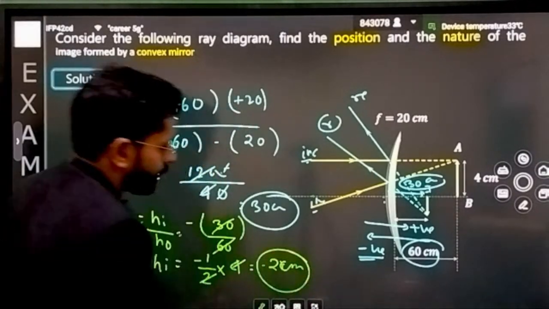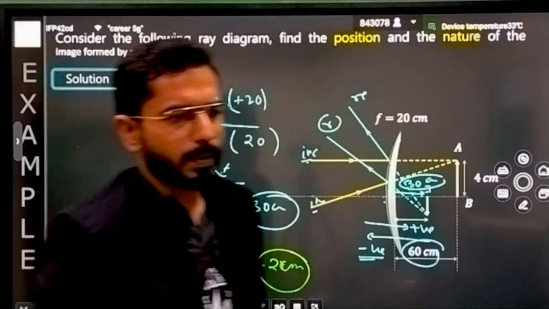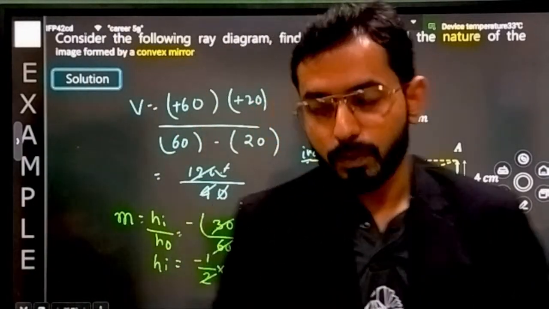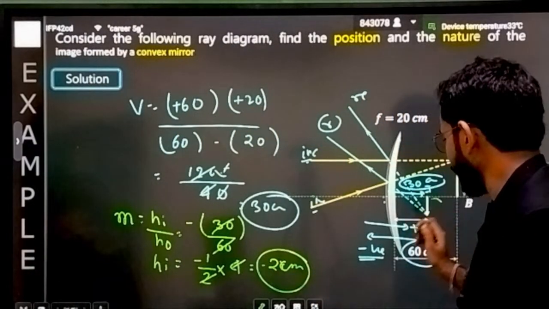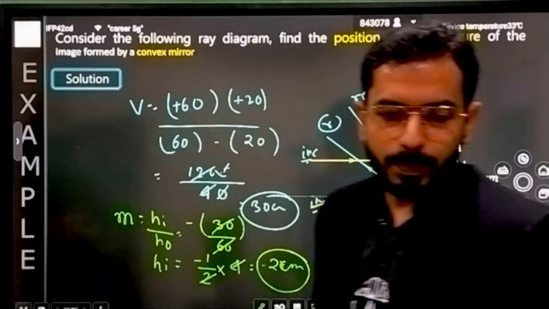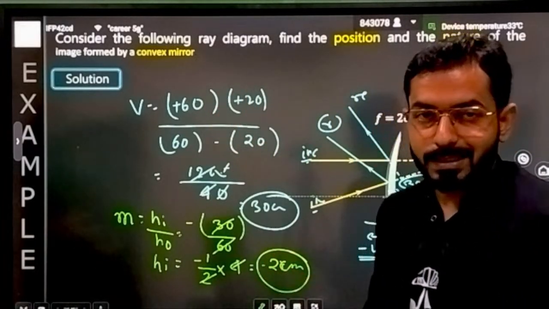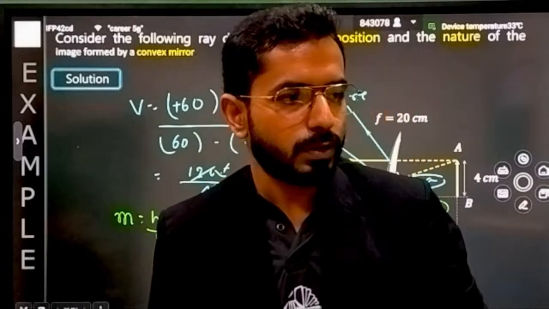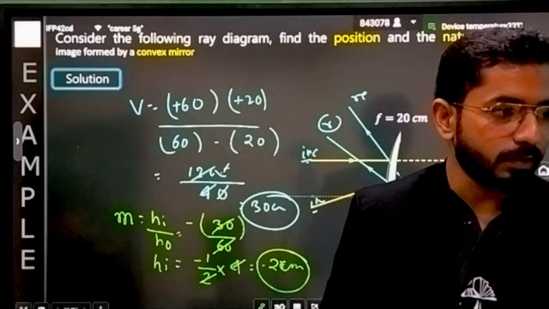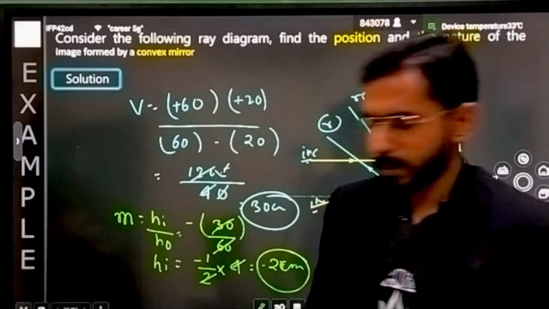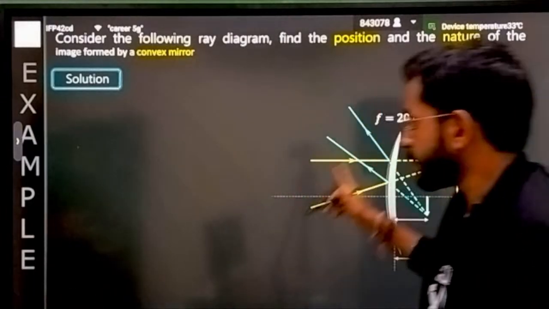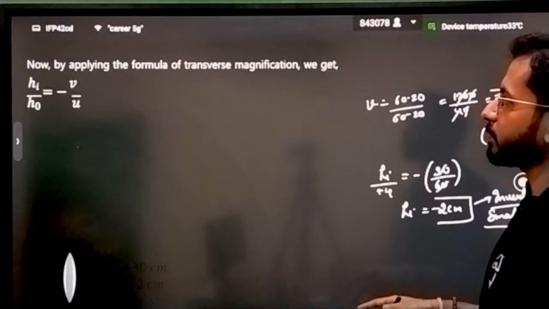Minus 2 centimeter will be the height of the image. That is what I can say about it. It is inverted, because these kinds of images are called inverted images. What else can I comment about it? That it is diminished, because the size is less than the actual object that is kept there. So this kind of image is called diminished size. Okay, so these many things you can comment from here.